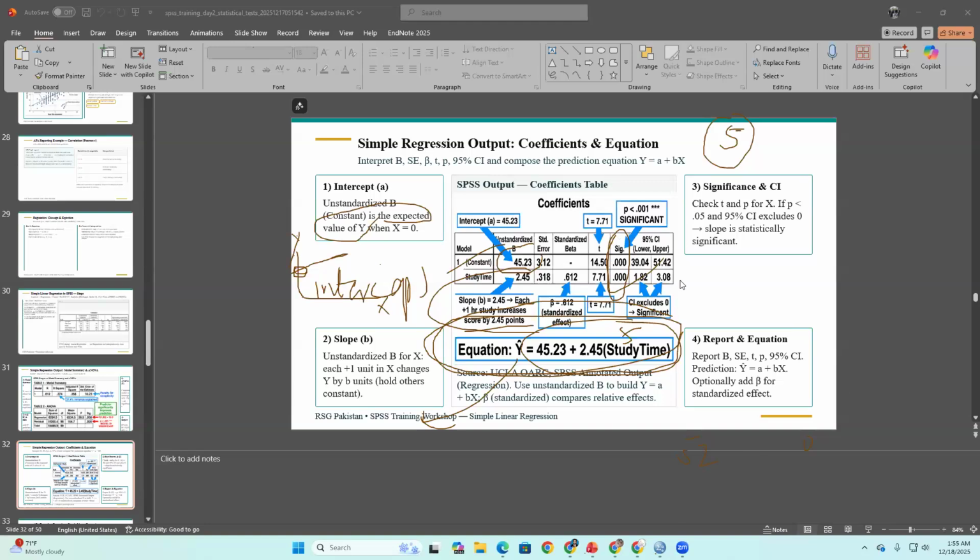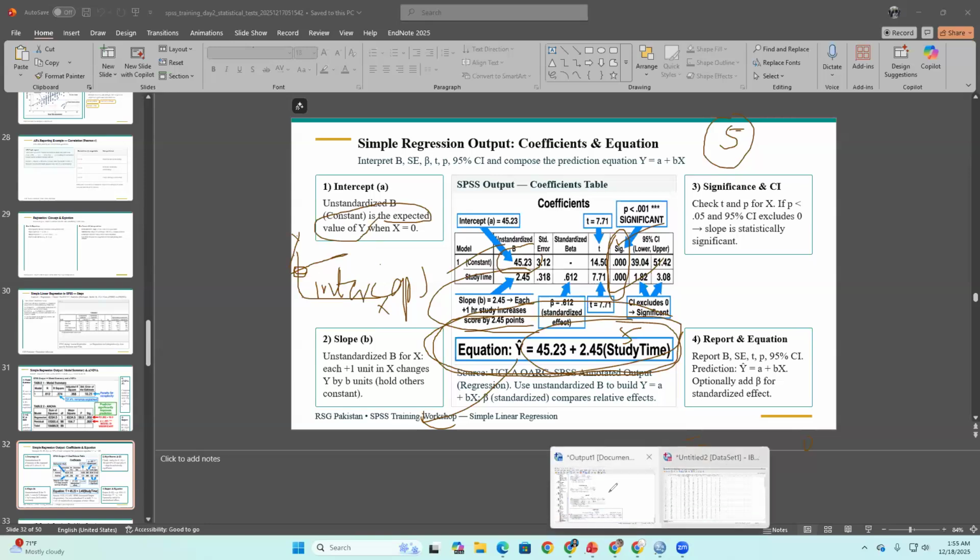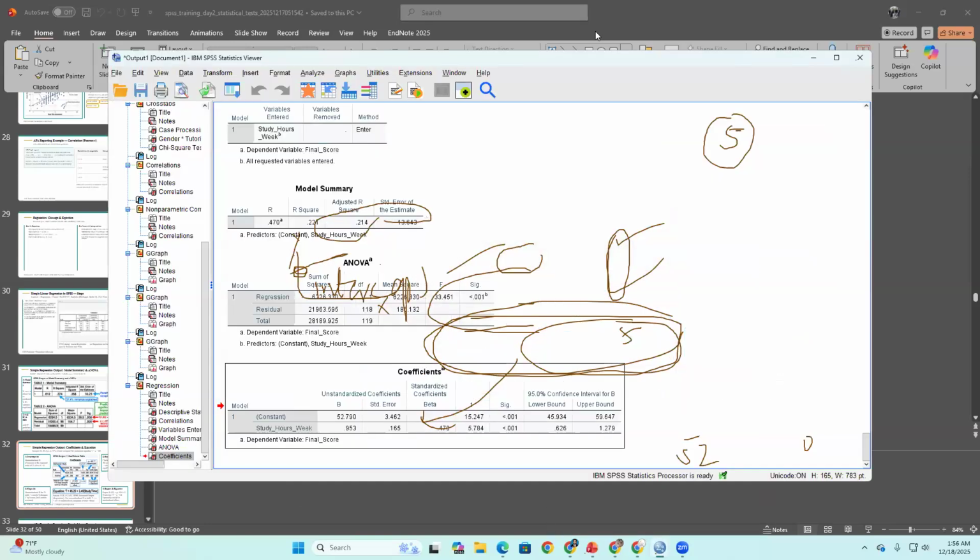This is the p-value of the model. When we write the output from the equation, the p-value is shown, and that is basically the p-value of the model.